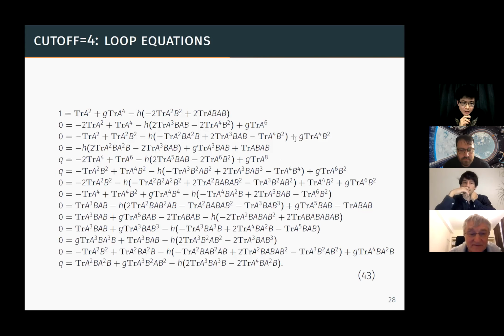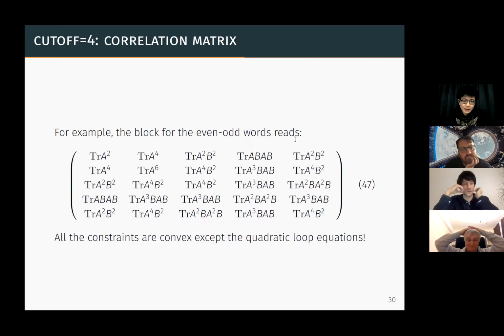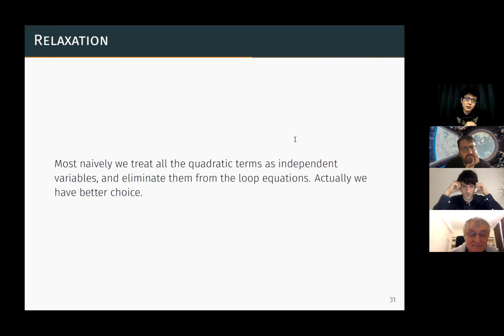We forget that Q equals trace A squared, the square of trace A square, but we treat them as independent variables. So effectively, instead of 14 loop equations, we are considering 13 loop equations. Well, this naive method works. It actually works, but we have a better choice with better convergence.